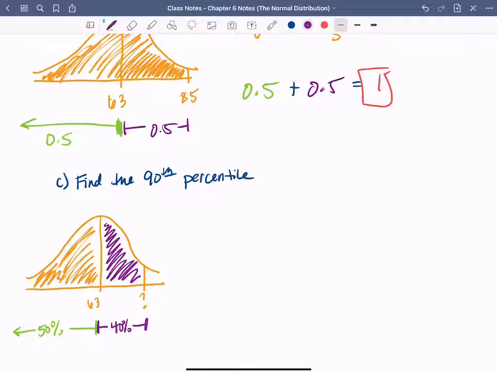Once we have the Z value, because remember, Z equals X minus mu over the standard deviation. If I have 3 of those variables, I can find the 4th one. Right now, we have mu and standard deviation. We do not have X, and we do not have Z. X is what we're really ultimately looking for, but because we have the percentages, we can find Z, because that's what Z helps you find. So what we need to find now is 40%, the 40th percent.